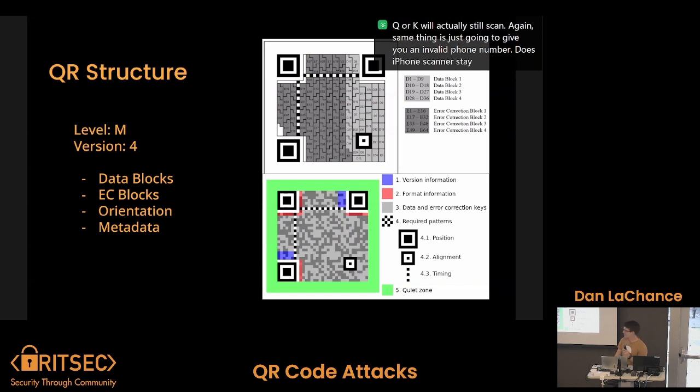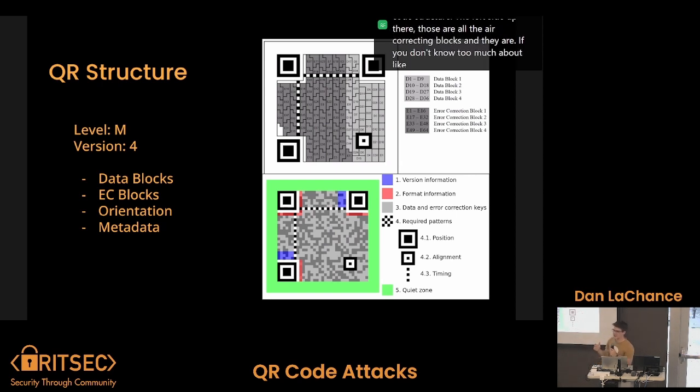All right. So a little bit about QR code structure. The left side up there, those are all the error correction blocks. And if you don't know too much about error correction, basically you have a bunch of extra bits on top of the data to check against the data bits.